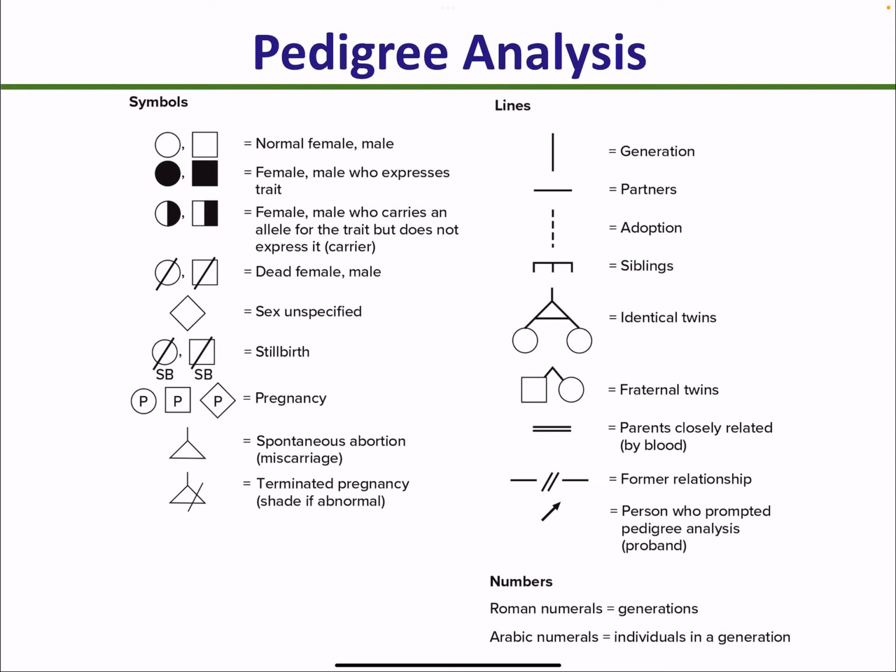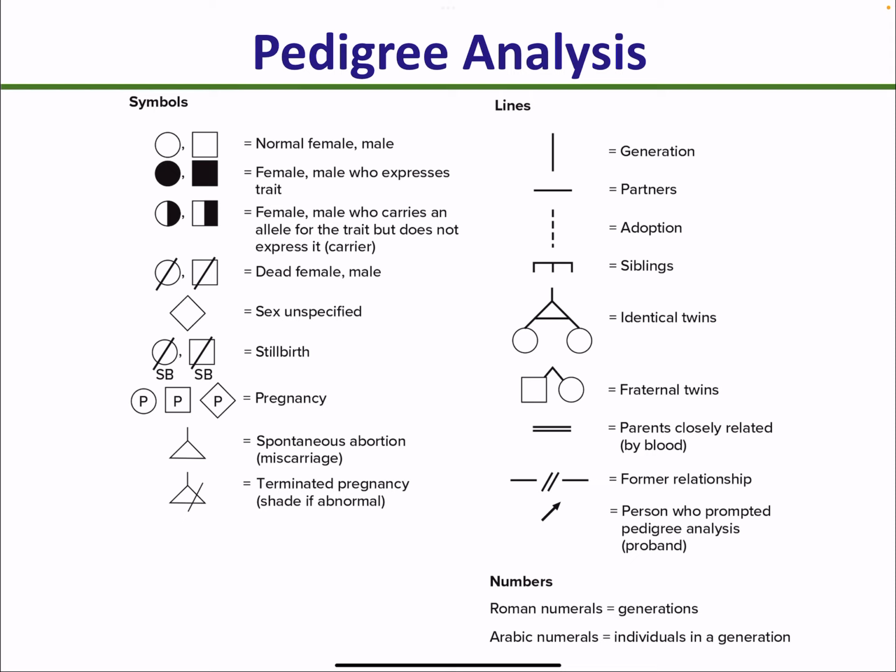Now between you and I, I will not test you on the different symbols, but I want you to know what the symbols are for your own good, right? When you see a circle, that circle means the individual is a female. When you see a square, that square means the individual is a male.